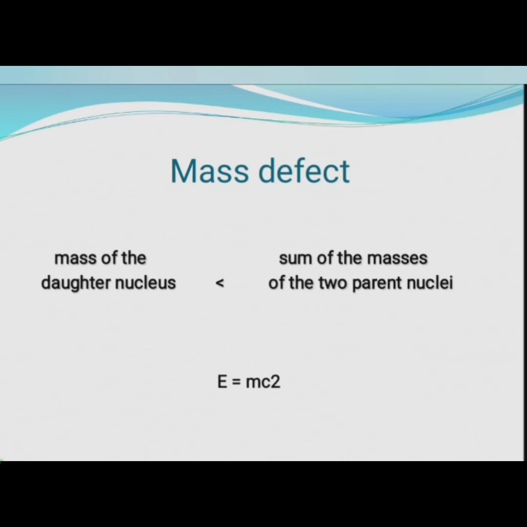The relation between mass and energy proposed by Einstein is E = mc², where c is the velocity of light in vacuum and it is equal to 3 x 10^8 meter per second. So this is mass energy equivalence. According to this theory, mass can be converted into energy.